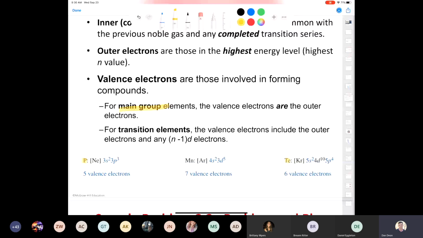Remember, outer electrons are highest n, but you also consider the n-1 d electrons. If we look at manganese, the highest principal quantum number is 4, and then the n-1 d electrons would be the 3d electrons. We tally all those up and we get a total of 7 valence electrons.